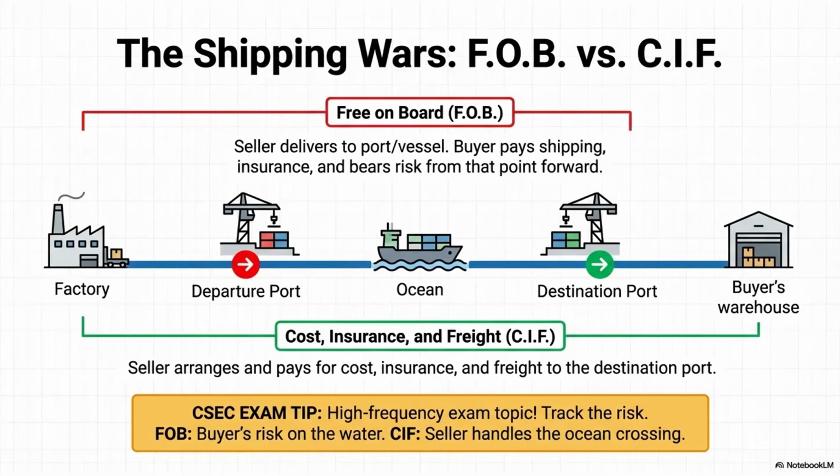Cost insurance freight, the seller pays cost, insurance and transport all the way to the buyer. So FOB, seller pays up to the port when the goods are being delivered. Once it leaves, it's all on the buyer. CIF, the seller pays everything. Clear? You all understand the difference, right? Yes, sir.